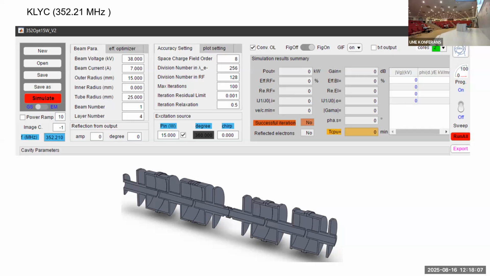And those are the designs, and we checked the design. We used the LIDOS RFQ design program. There were two programs in the world, LIDOS from Russia and one from the United States.